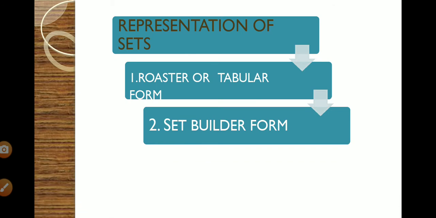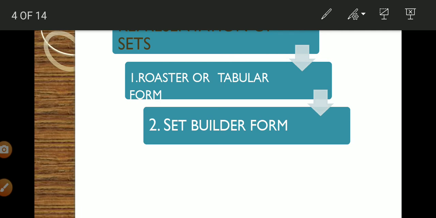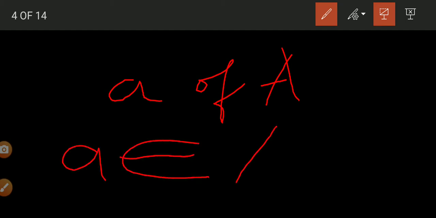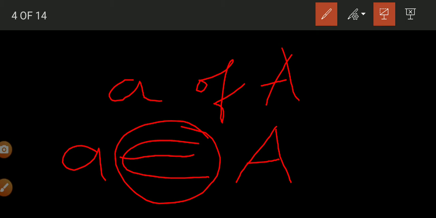Let us move on to the representation of sets.